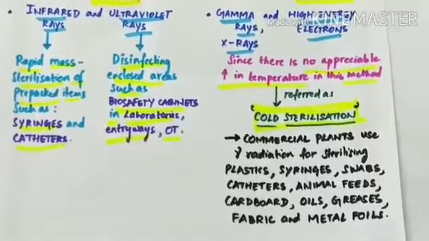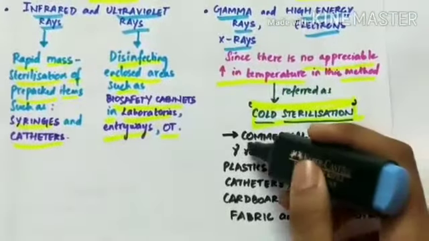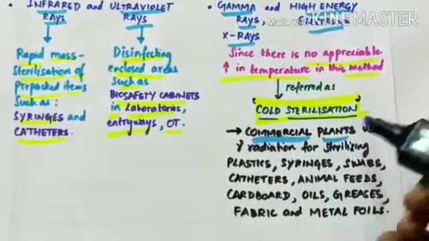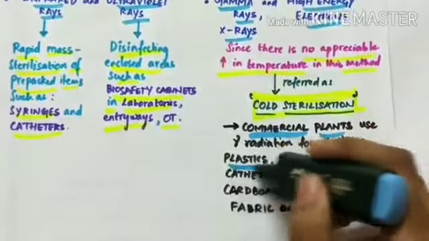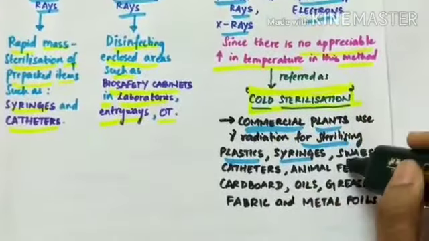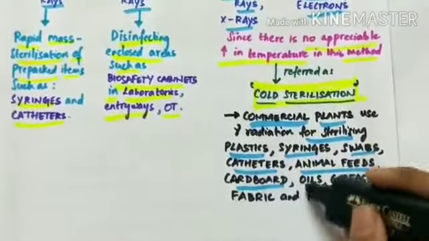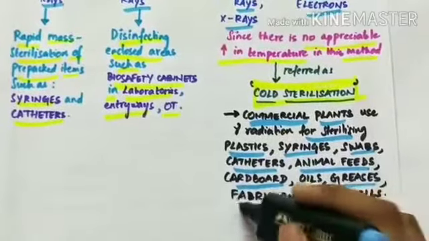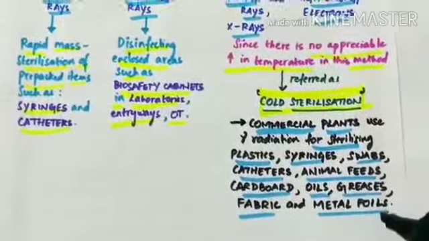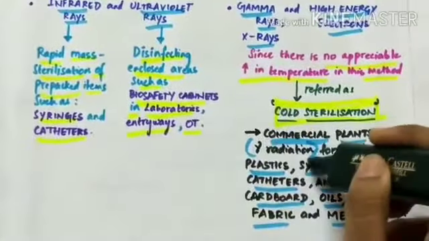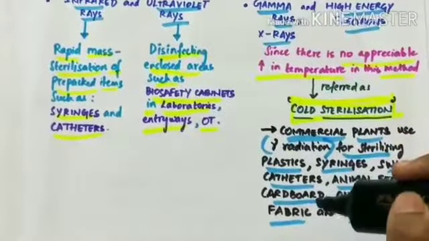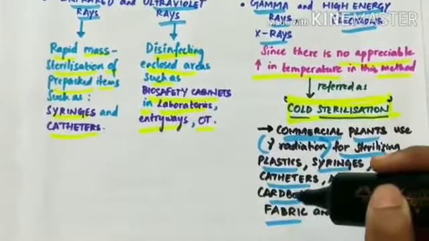The ionizing radiations are used in commercial plants for sterilizing plastics, syringes, swabs, catheters, animal feeds, cardboard, oils, greases, fabric and metal foils. Especially the gamma radiation is used. So these are the physical agents of sterilization.